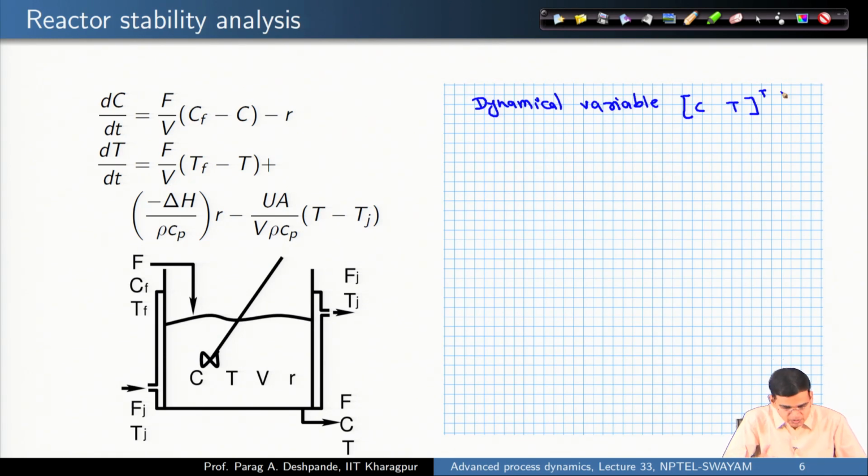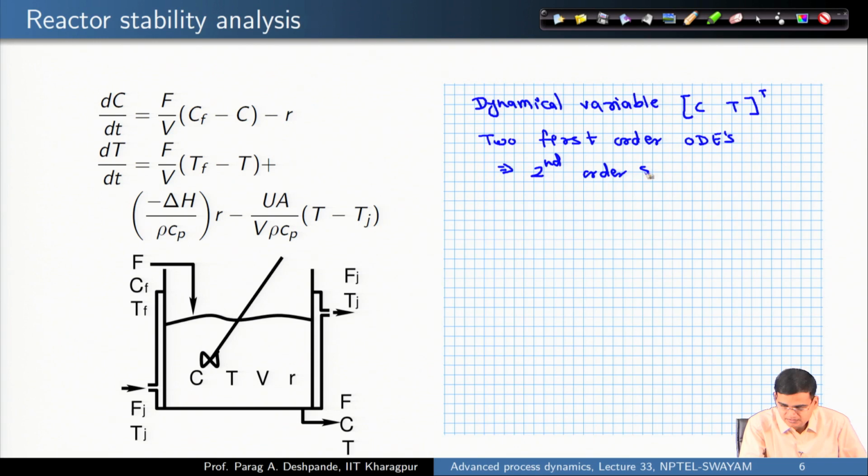You have two equations, both are first order. So, I have two first order ODEs, which means I have a second order system. Now, everything which we studied about second order dynamics should now come in front of you, that what all can happen to this particular system.